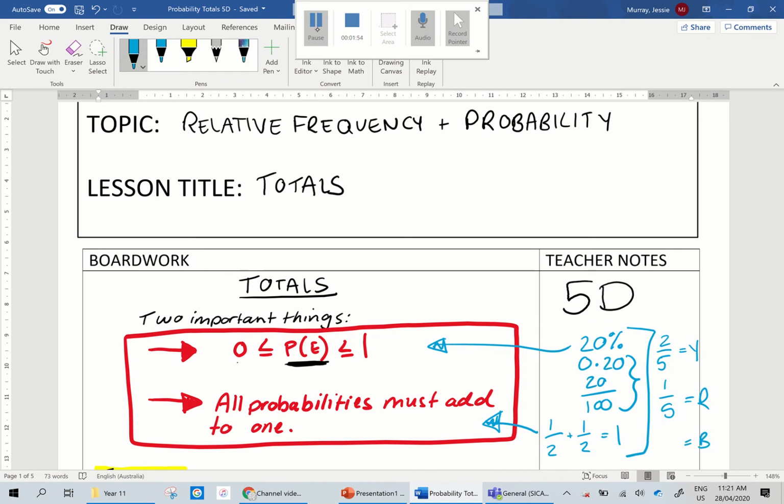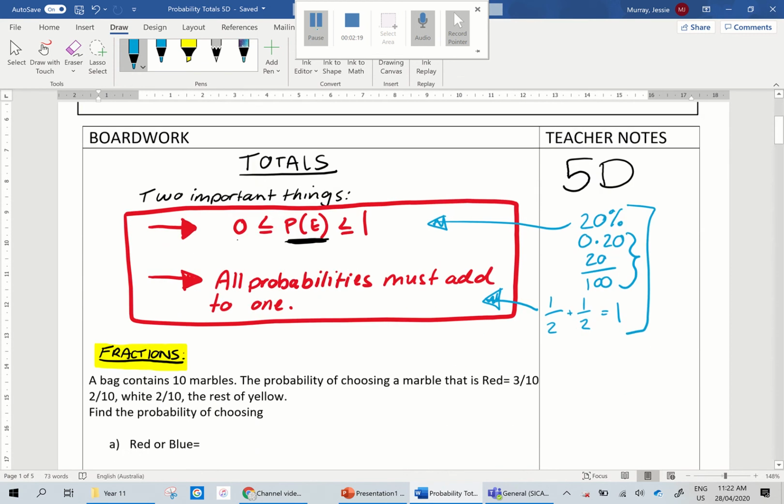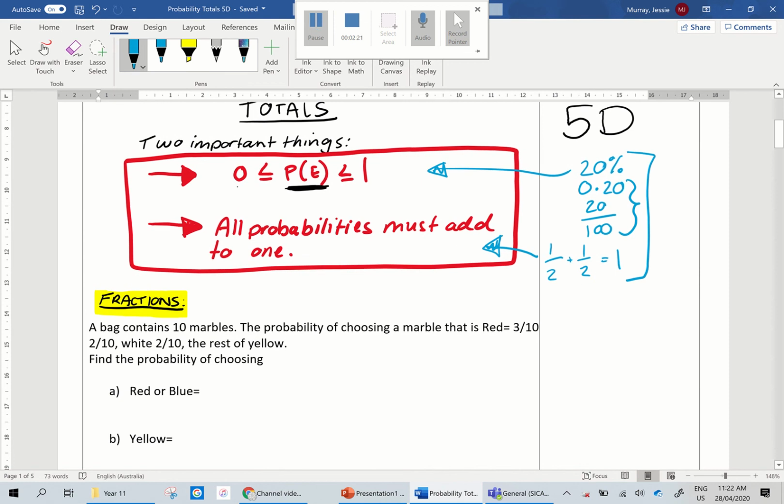If there's only yellow, red, and blue in the bucket, 2 out of 5, 1 out of 5, find the difference that adds to 1 whole. Well, it's just 2/5, because 2/5 plus 1/5 plus another 2/5 gives you 5/5, which is 1 whole. So thinking of it in that way is a good way to understand that.